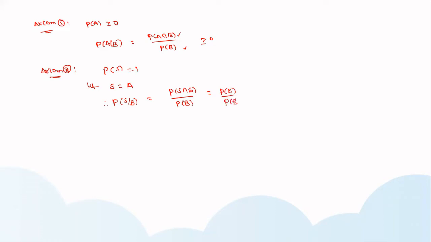So probability of B cancels, and the answer is 1. So probability of A given B is equal to 1. So axiom 2 is also satisfied.